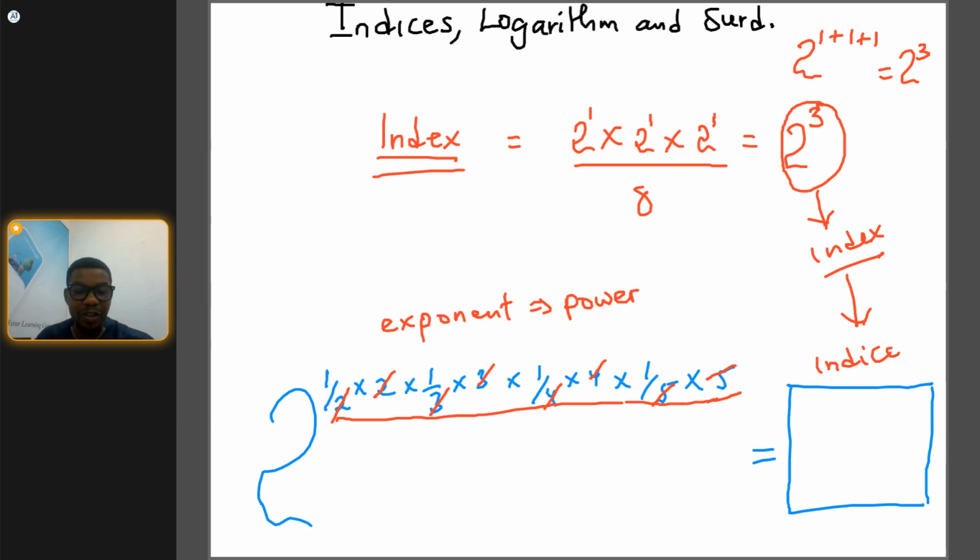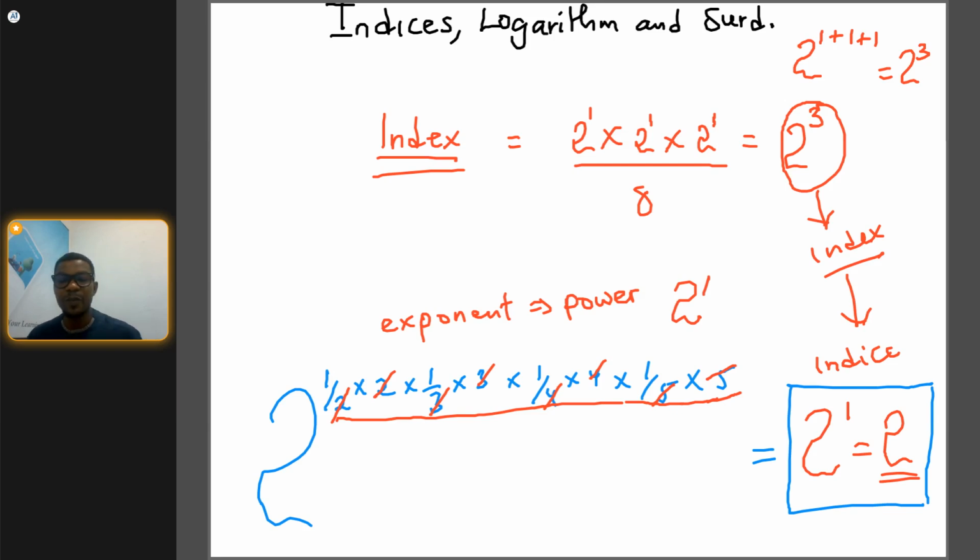If you notice, we just have 1 times 1 times 1 times 1 times 1 up to the last one. So we have 2 raised to the power 1 times 1 times 1 times 1, which is 2 raised to power 1, and 2 raised to the power of 1 is 2. So the response is 2.